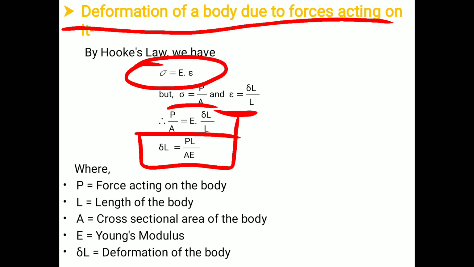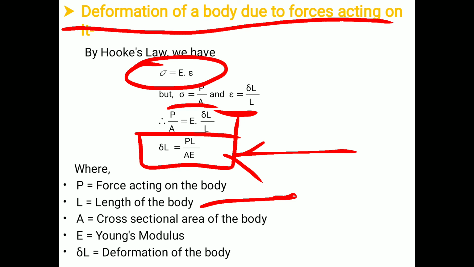Deformation of the body means change in its length, change in its lateral dimension. From this equation, delta L is equal to PL by AE, where P is the force acting onto the body, L is the original length of the body, and A is the cross-sectional area of the body.